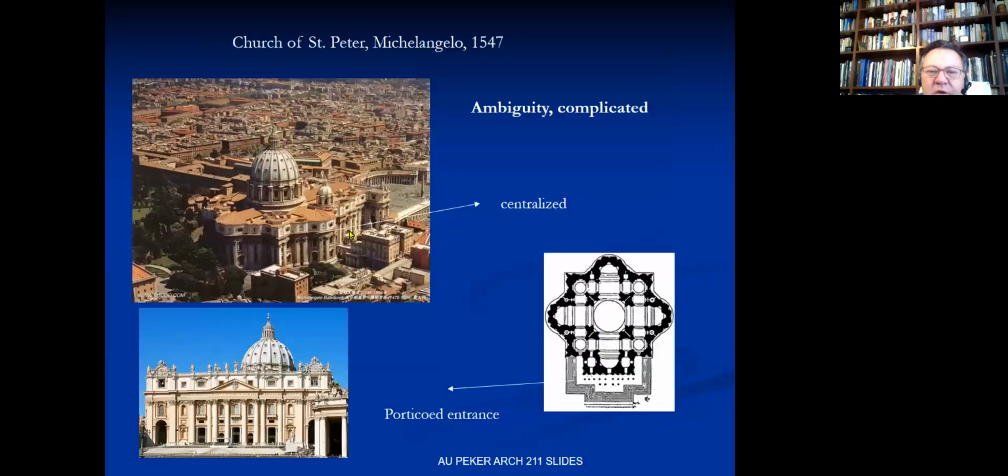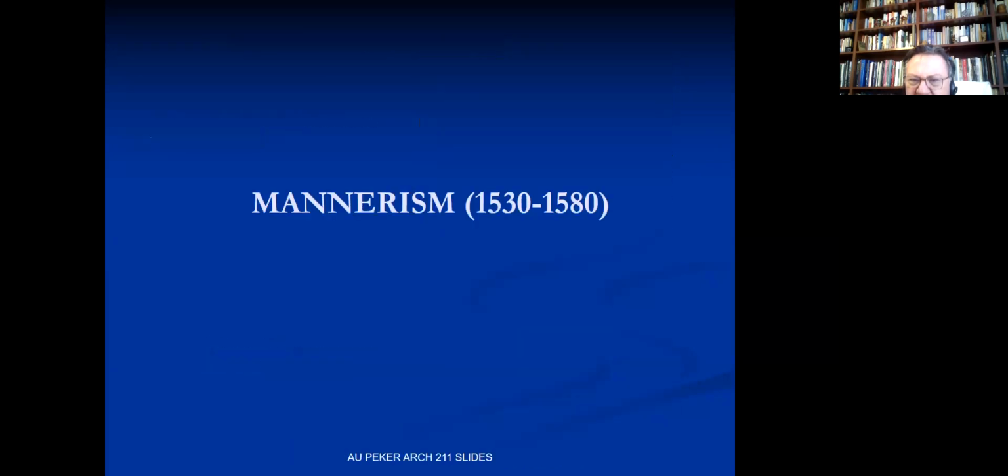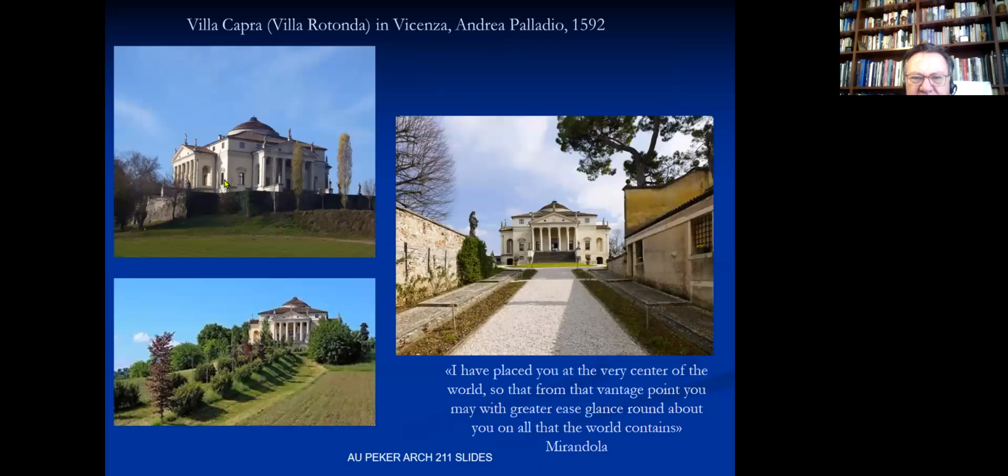But here, Michelangelo relates different parts of the facade which should have been angled. Pay attention here. This is angled. This facade, that facade, they stay in their individuality, not related by means of combining elements.